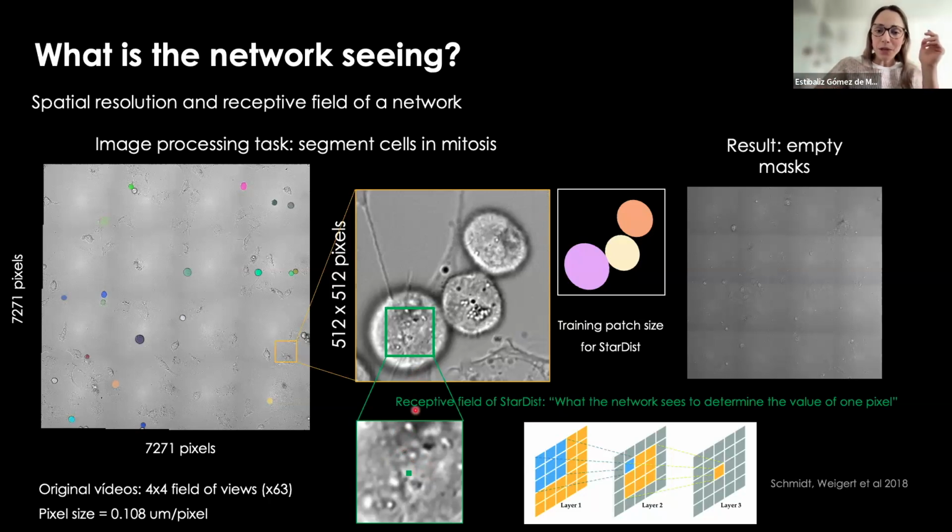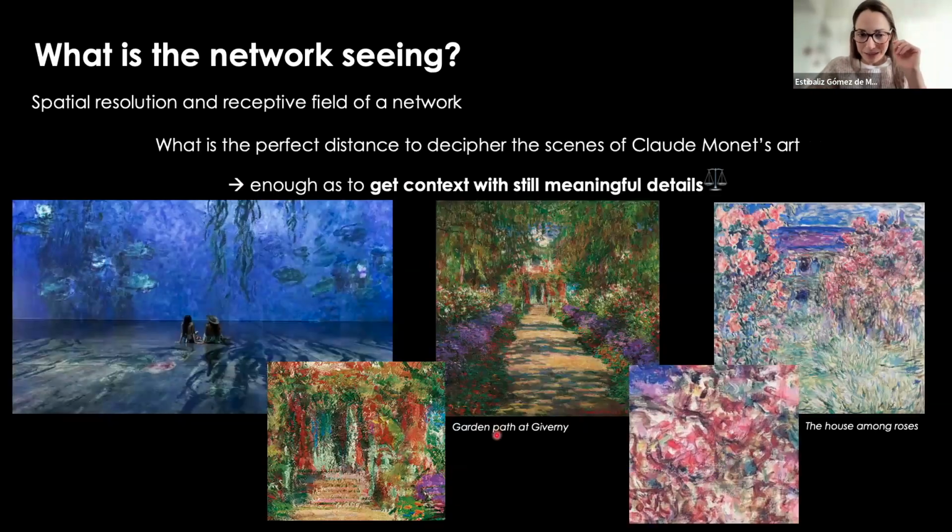So a very easy way to understand this is with art. And this is actually a very old concept. When we want to know what should be the good resolution for our network to segment the images accurately, it would be equivalent to ask what is the perfect distance I should place myself at to really decipher the scenes of Claude Monet's painting.